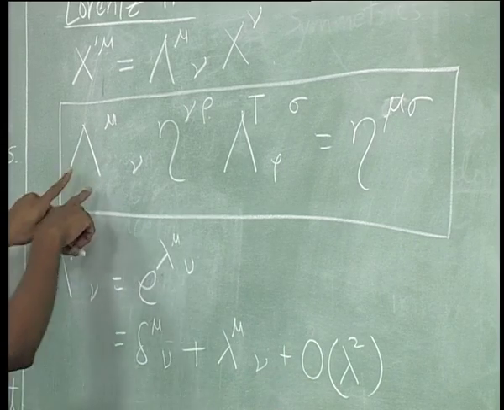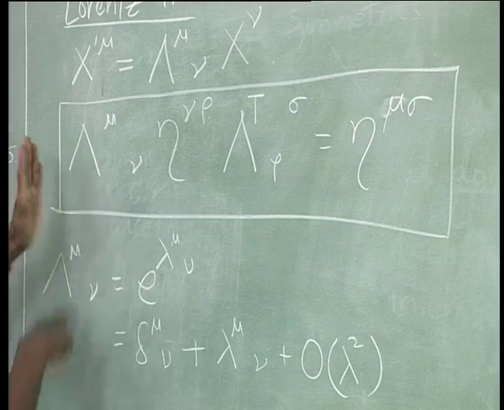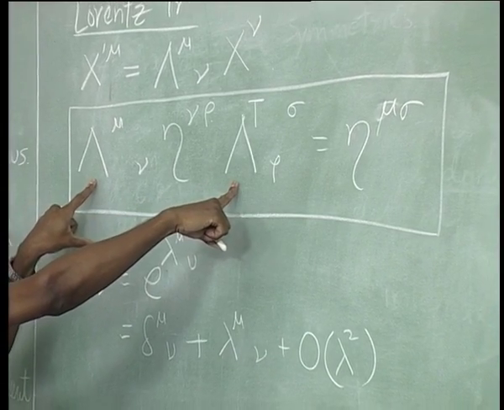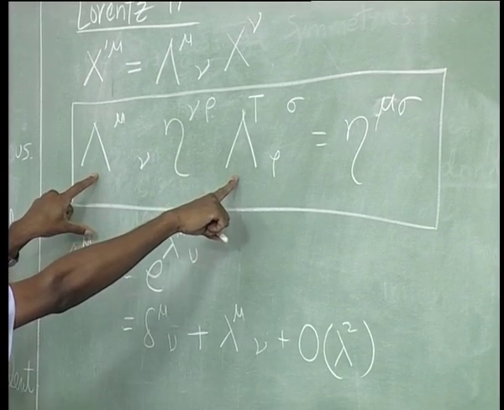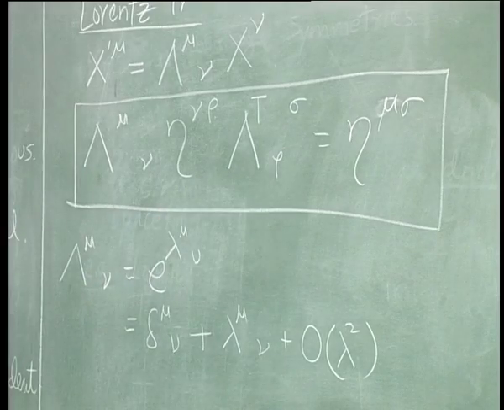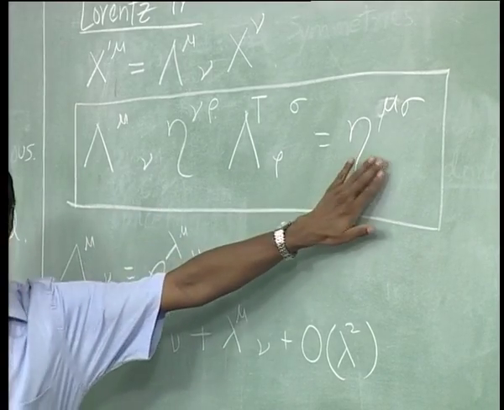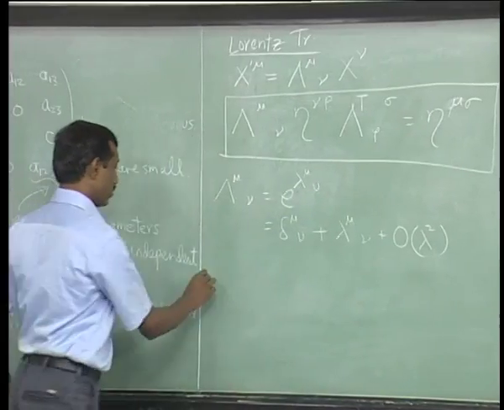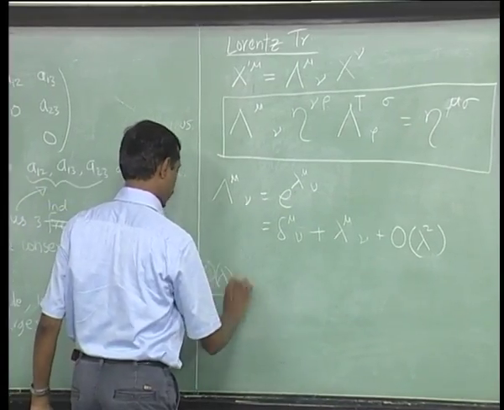So, for instance, the only way that can happen is this might be a lambda, and then this has to be a delta. And the opposite, if this is giving a delta, this has to give a lambda. So, I will have 2 such terms. There is no lambda dependence here, so this is at 0th order, which is already taken care of. So, at order lambda I only have 2 terms.